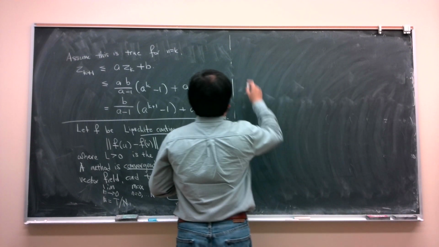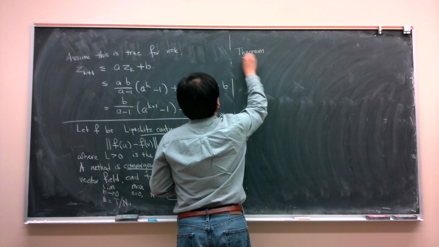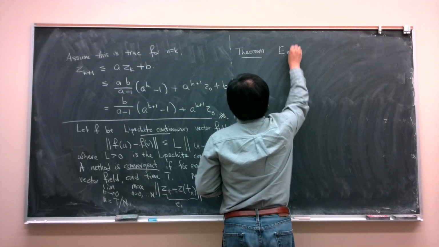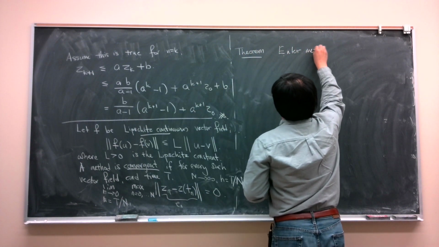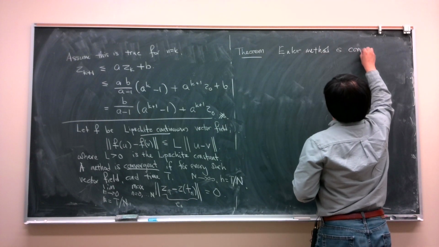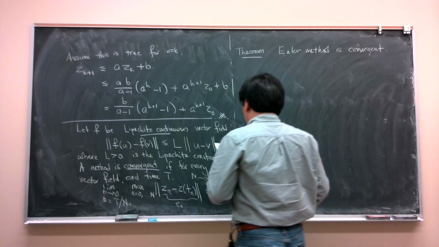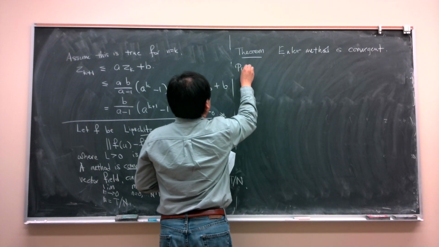So the theorem is that the Euler method is convergent. Okay, so how do I go about doing this? So let's try proving this.